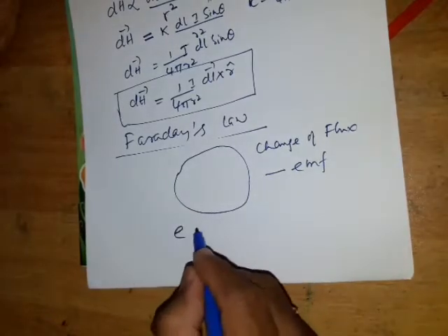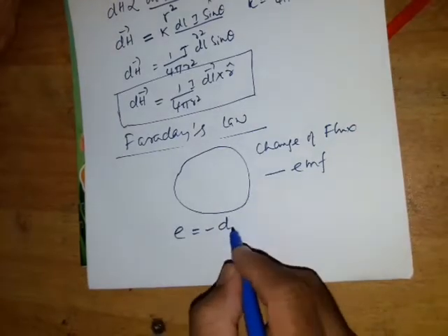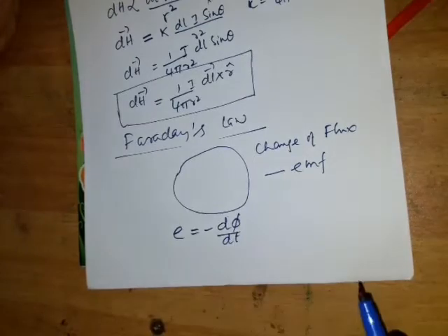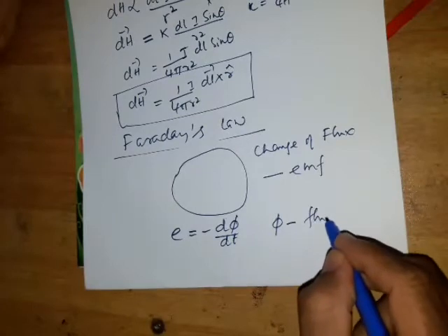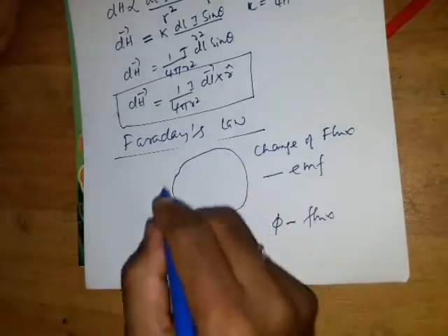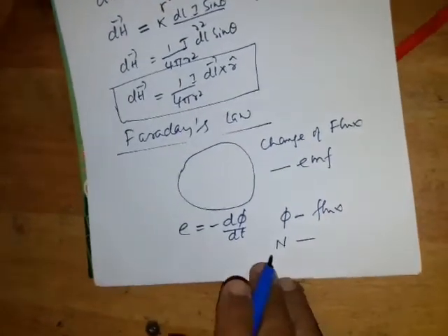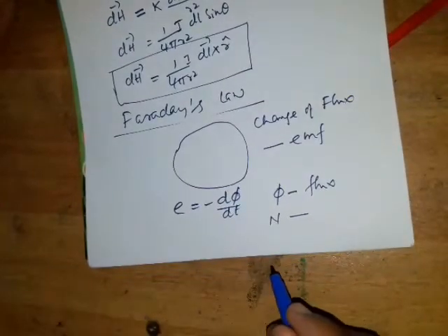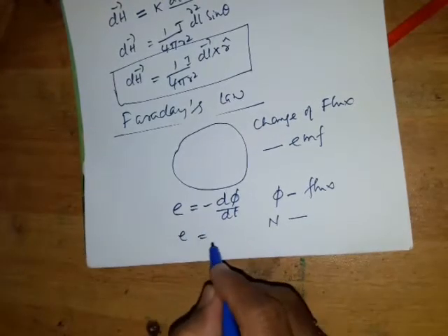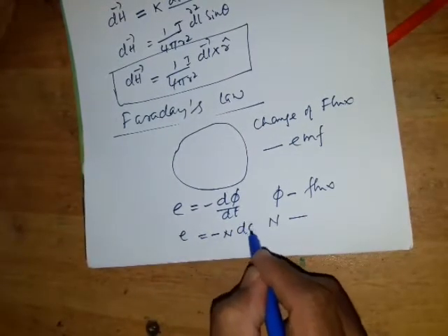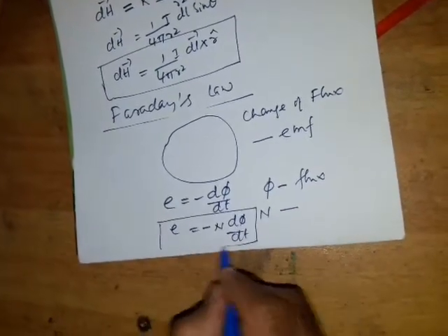So Faraday's law can be written as E, the induced EMF, is equal to minus d phi by dt, where phi is the flux. Suppose this loop has n number of turns, then it becomes E is equal to minus n d phi by dt. So this is Faraday's law.